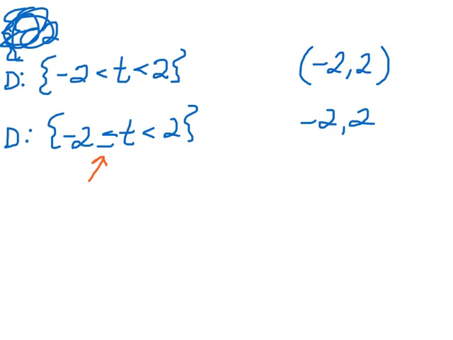If I want to count the endpoint, I make the real blocky, square bracket looking thing like that. But on the other end, there's no equal sign. So how do you think I'm going to show that? The rounded one, right? So you can have all kinds of mixed stuff. It just depends upon your inequalities here when you're writing your domain and range.